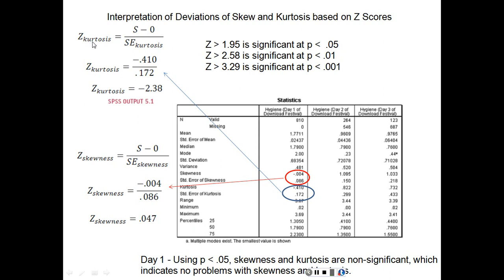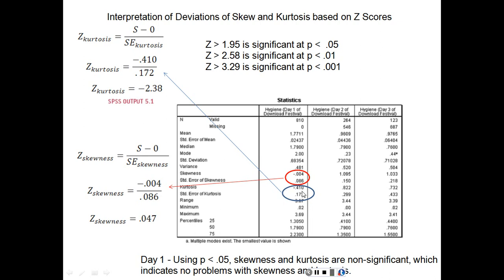So for your kurtosis, the formula is... I'm sorry, I have a typo here, sorry about that. For your kurtosis, it should actually be K minus 0.